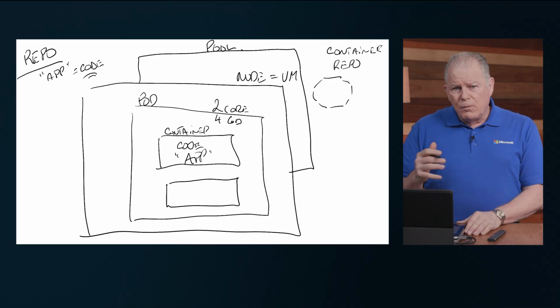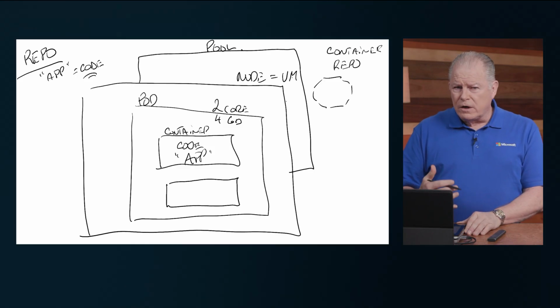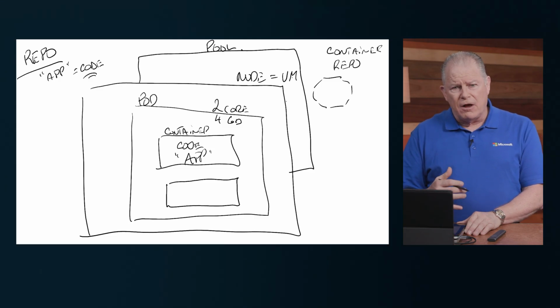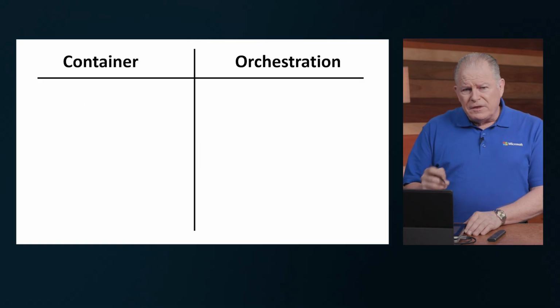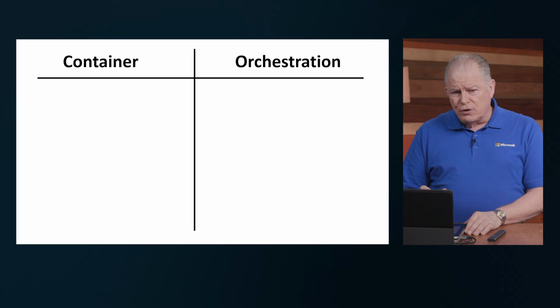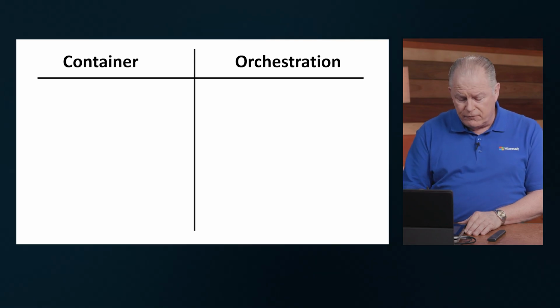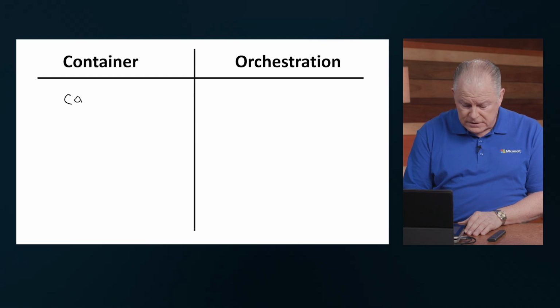And so we then talked about the difference between orchestration and the containers themselves. And I want to pick that conversation up at this point. So within the Microsoft sphere of Azure, we have several different components to be able to provide a container environment for you. We have container instances.